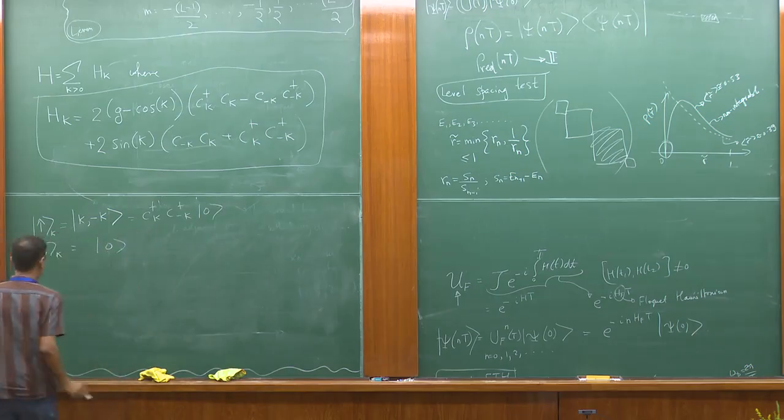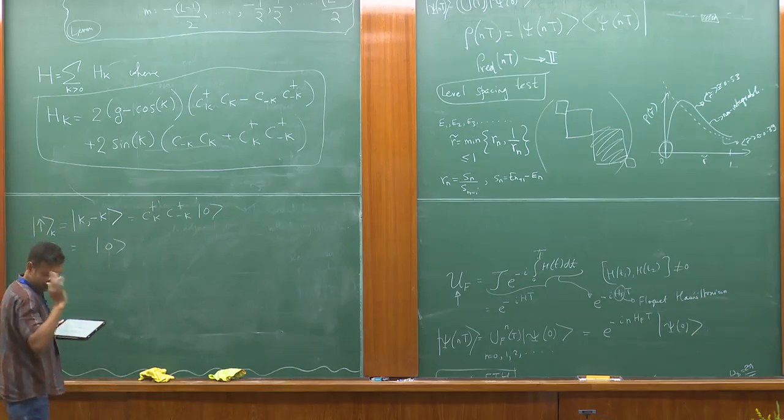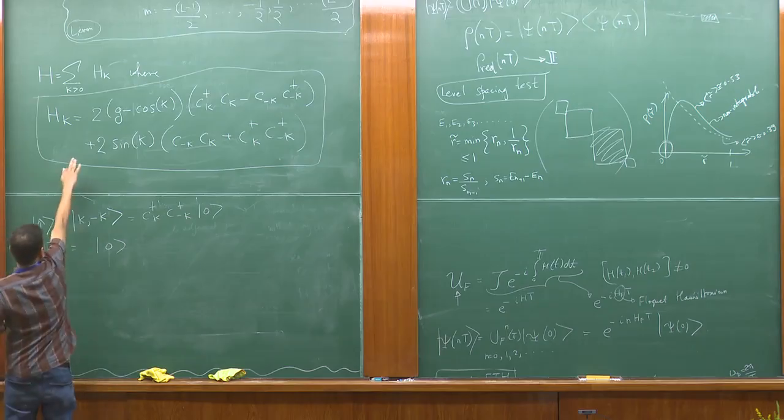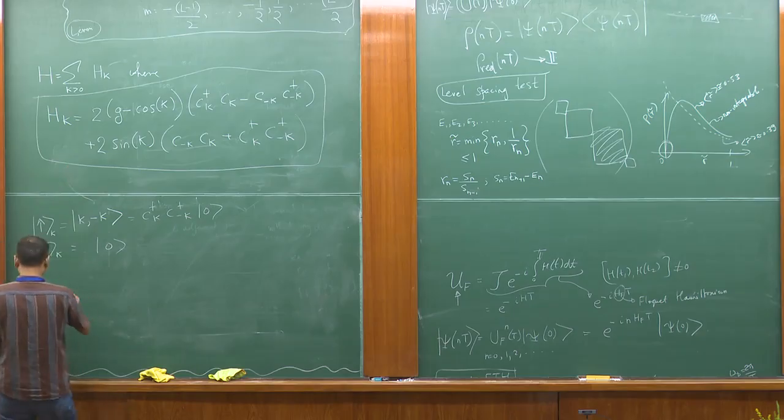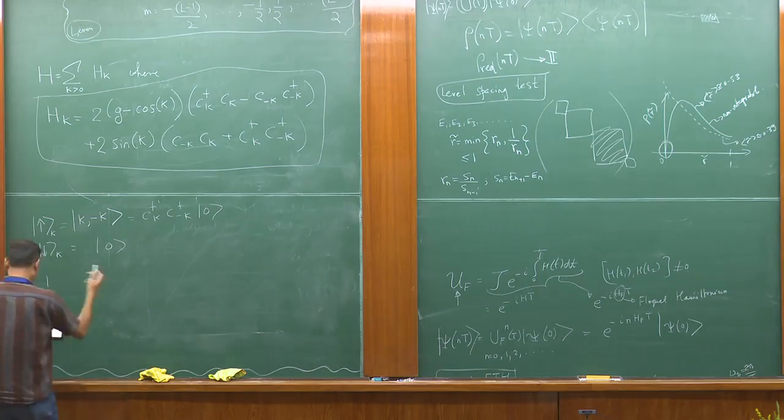No fermions there. If you just express the above Hamiltonian in this basis, it's some 2 cross 2 matrix, and you will be able to show that that 2 cross 2 matrix can be written just using Pauli matrices, and it literally looks like this.